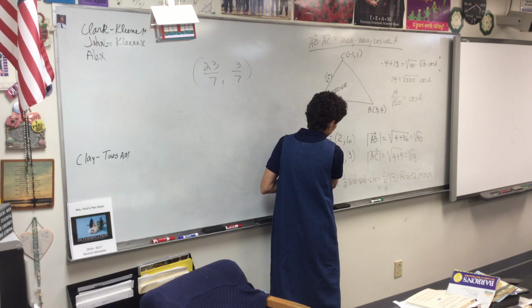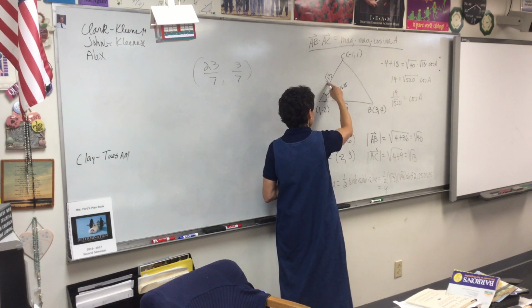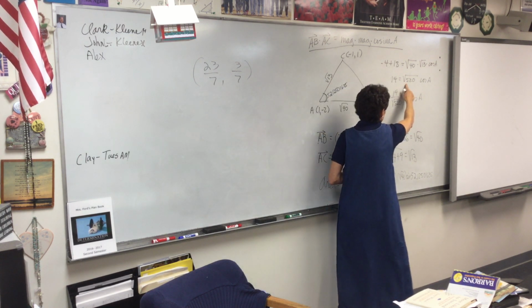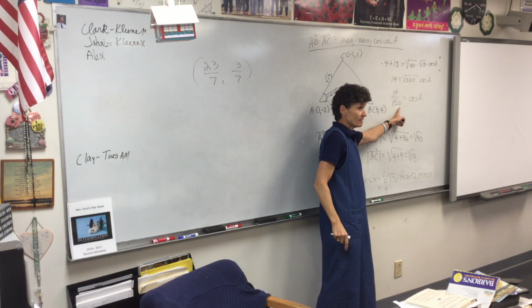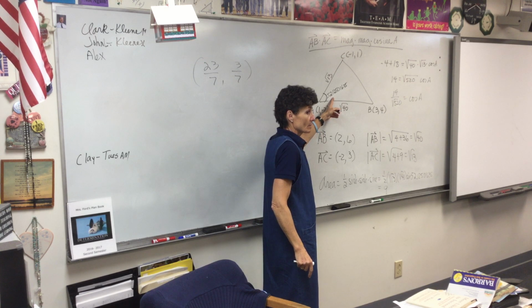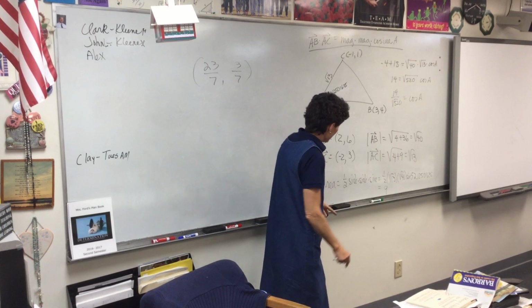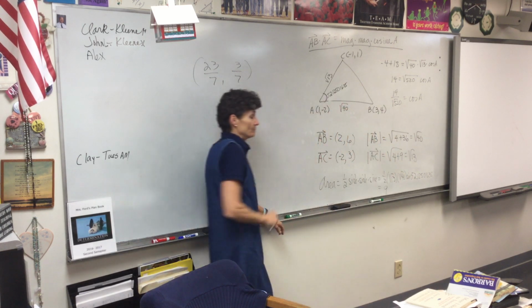The dot product is -4 plus 18, so that's 14. I know my magnitudes, so root 40 times root 13. So I just divided and then took inverse cosine to get that angle. So then my area is 1/2 side, side, sine of that angle.